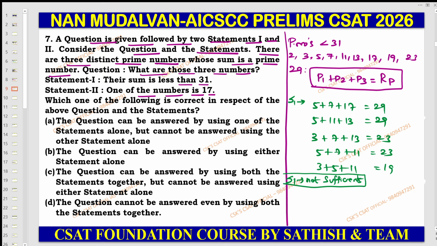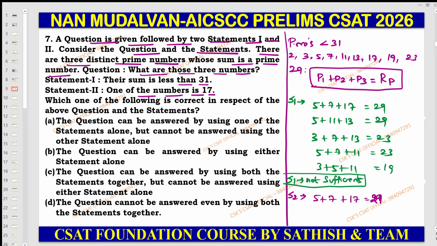Now, if you take S2, S2 clearly states that one of the numbers is 17. One of the numbers must be 17. What do we get with the 17? What all is possible? 5, 7, 17 gives you 29 here, right?